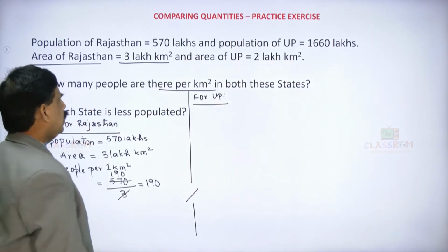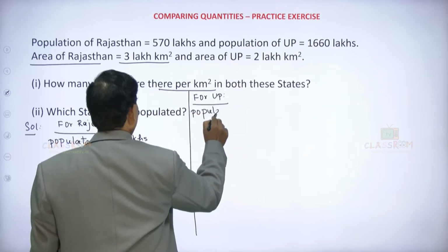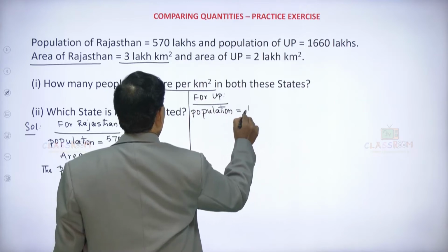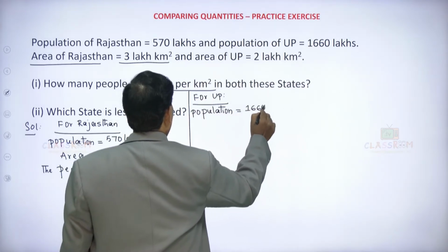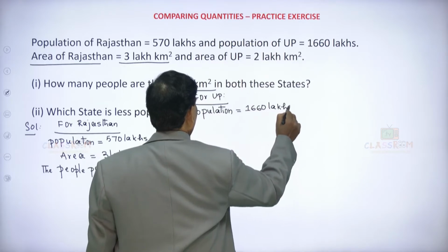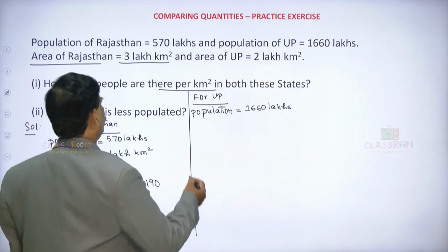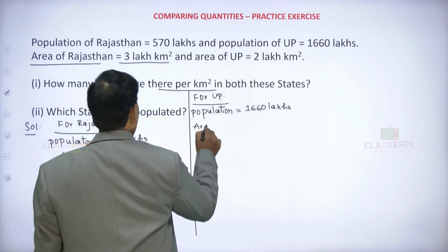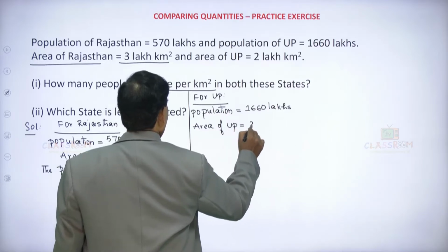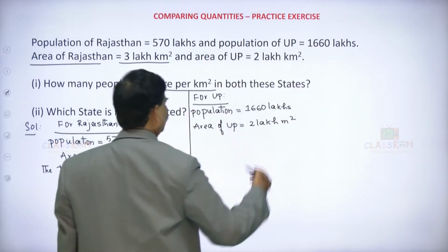For Uttar Pradesh, what is the population? Population is 1660 lakhs. And what is the area of UP? 2 lakh square kilometers area, the Uttar Pradesh.